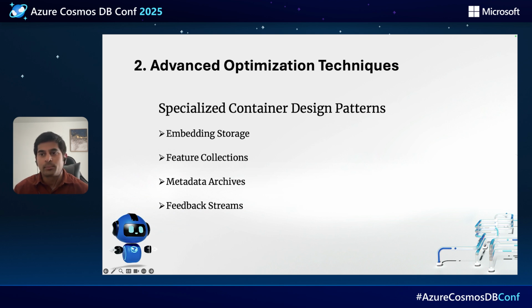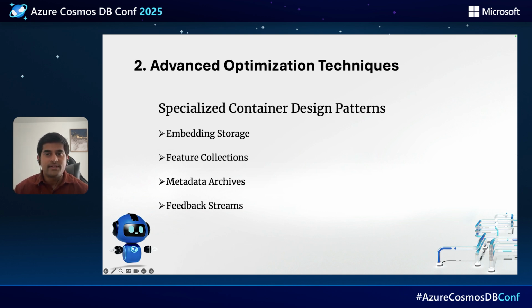AI models process different types of data, and organizing this data efficiently is crucial for performance. So in Cosmos DB, we can use containers to store embeddings, feature collections, metadata archives, and feedback streams. In embedding storage, AI-generated numerical representations are used for search and recommendations.